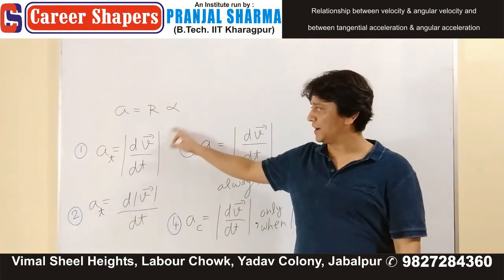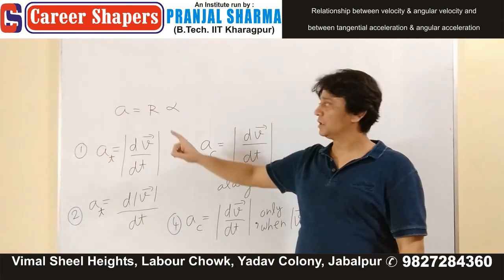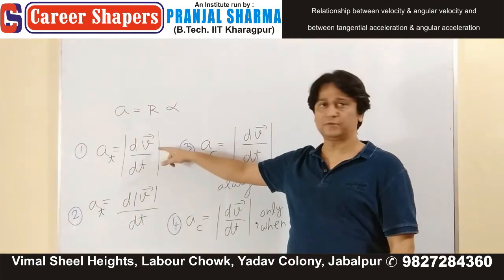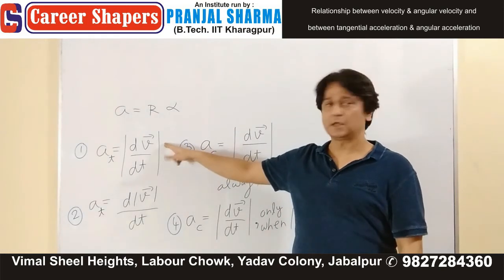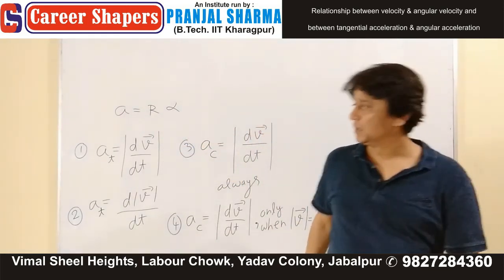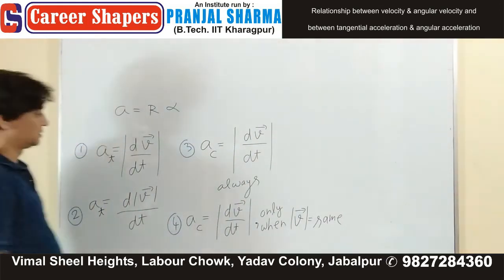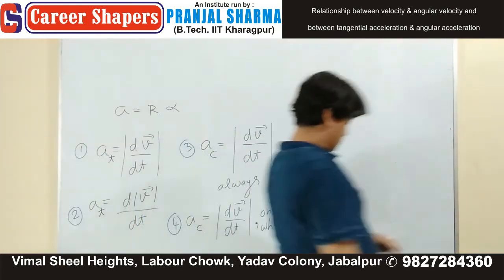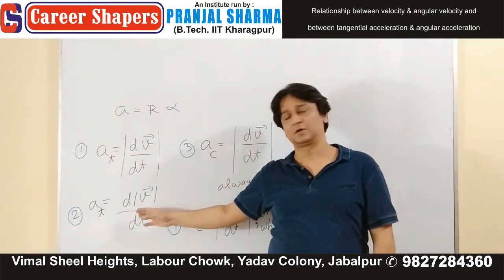With this, write down magnitude of rate of change of velocity. This is magnitude of rate of change of velocity. And with the second one, write down this. This is what?